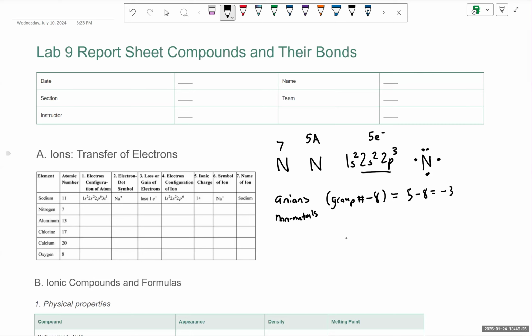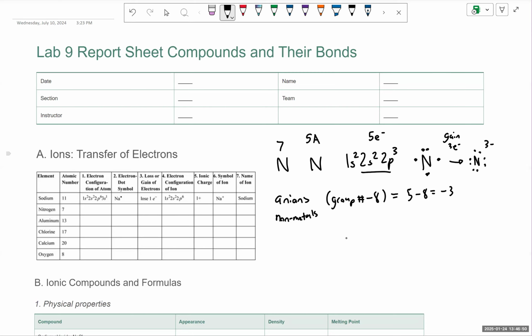So what this is telling us is in order for nitrogen to get a full outermost shell and generate the nitride ion, which is N3-, we would need to go from 5 to 8, which would entail gaining 3 electrons.